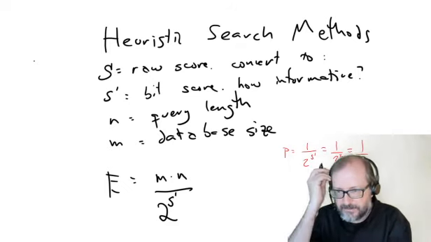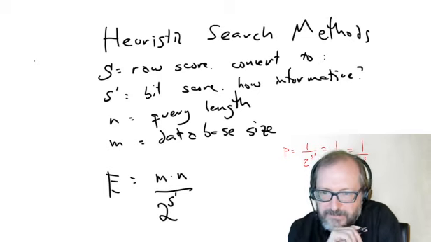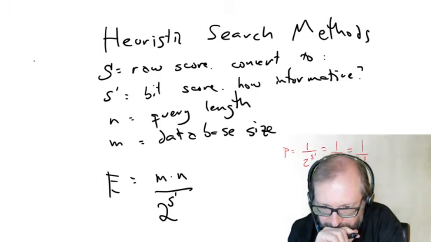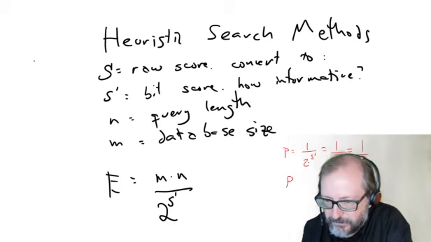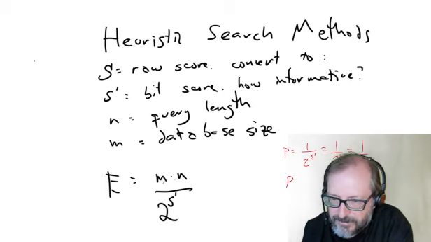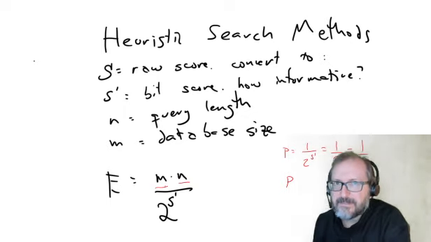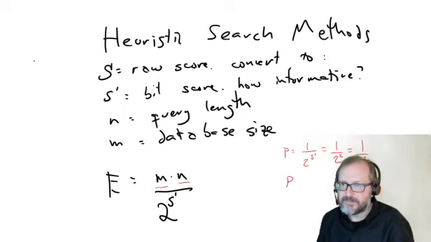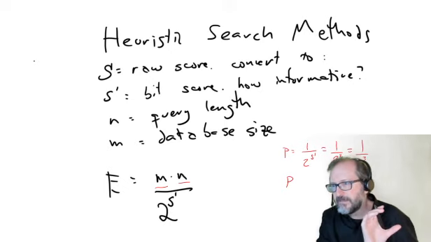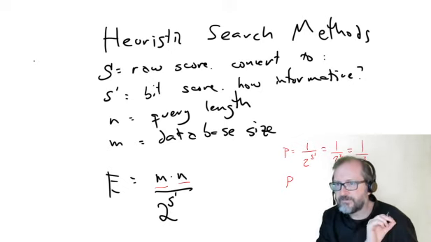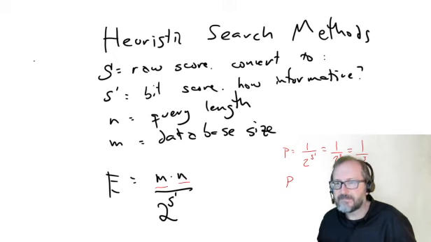And so in the case of a database search, your p-value, if you're using this bit score, would be again 1 over 2 to the s prime. But you multiply that times the sequence length and the database size. It's easy to see that you should do that for the database size, because however long your string is, the starting point could have been at any residue in this database, right?